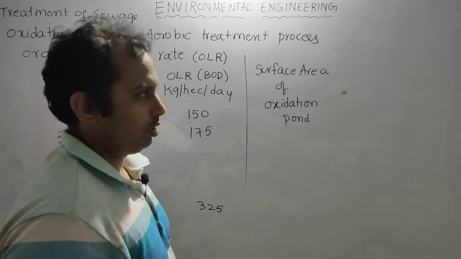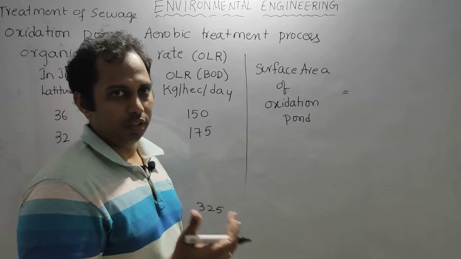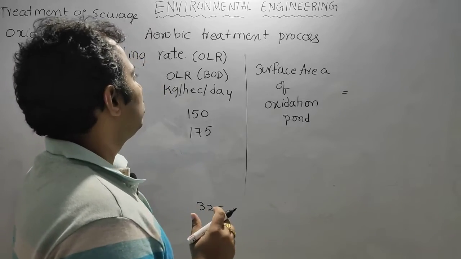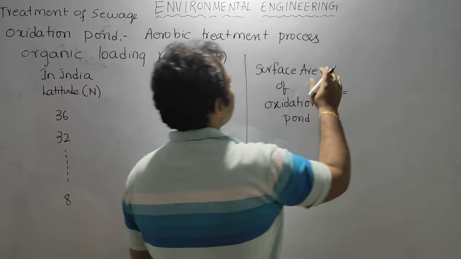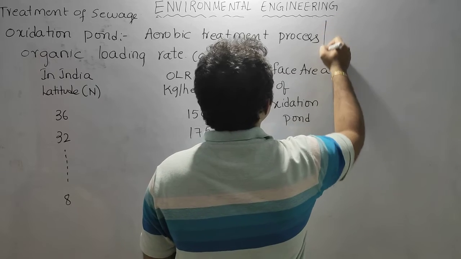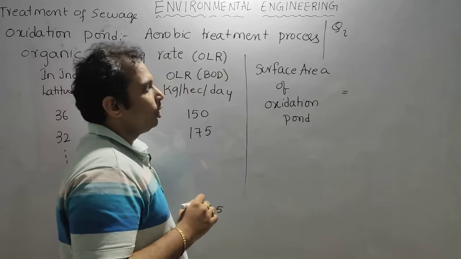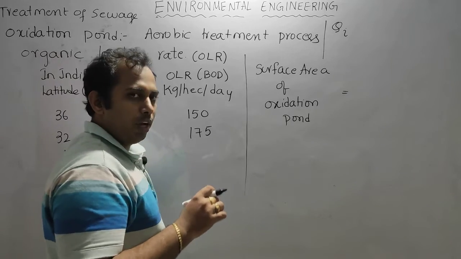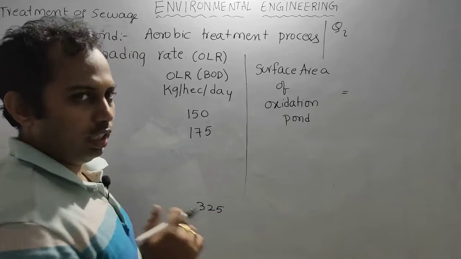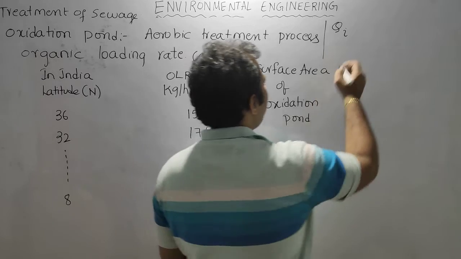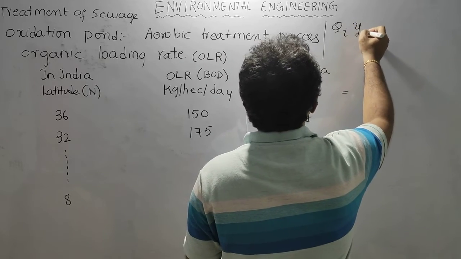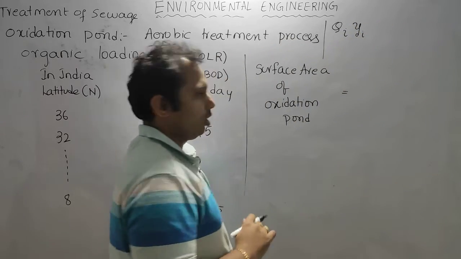Knowing the surface area is nothing but the design of the oxidation pond. Now let us assume that Qi is the influent coming into the oxidation pond, and Yi is the BOD coming into the oxidation pond.